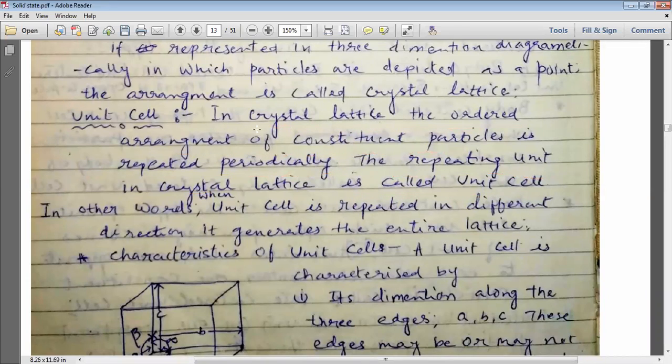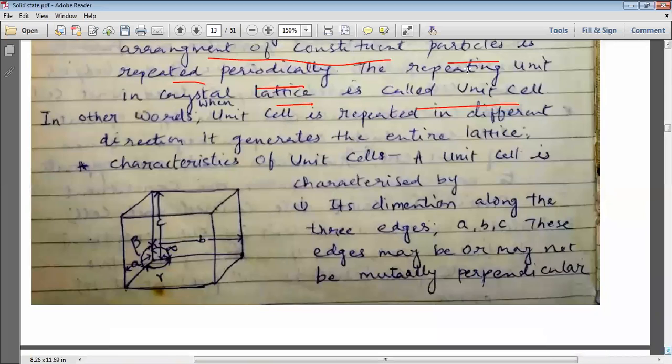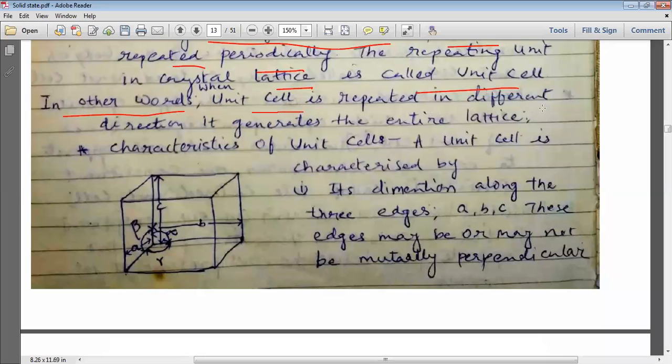In other words, if the unit cell is repeated in different directions, it generates the entire lattice.